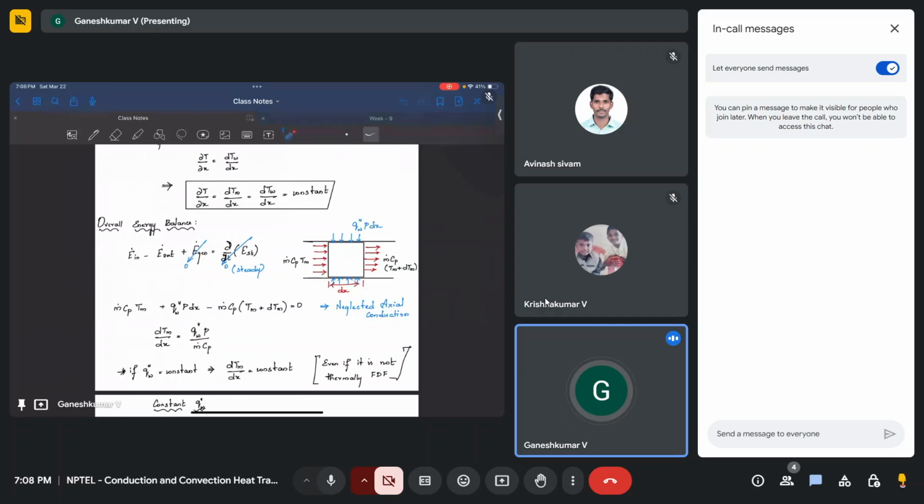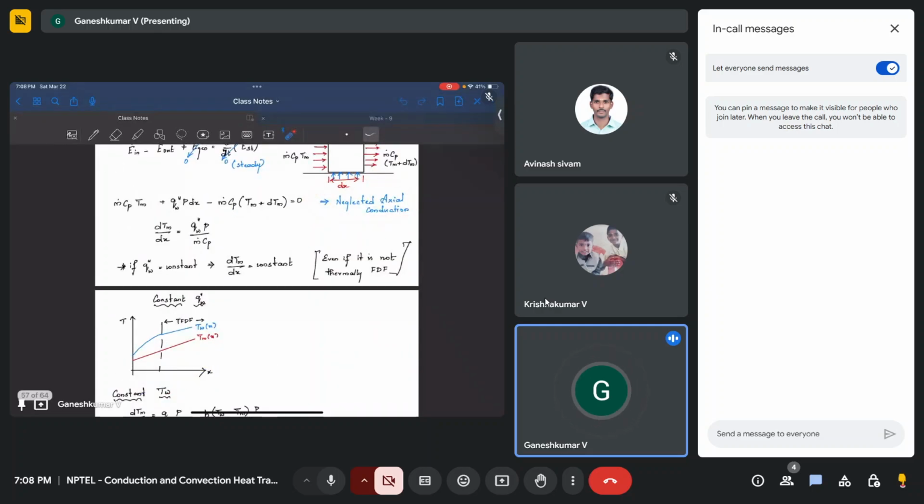An important thing is we have neglected the axial conduction. Because of this assumption, we have a simplified dTm by dx relation. If it is a constant wall heat flux, as we said, dTm by dx is constant. You can also see from here, m dot is constant, Cp is constant, perimeter is constant, and since this is a constant heat flux problem, this whole thing is constant, and hence this is also constant.